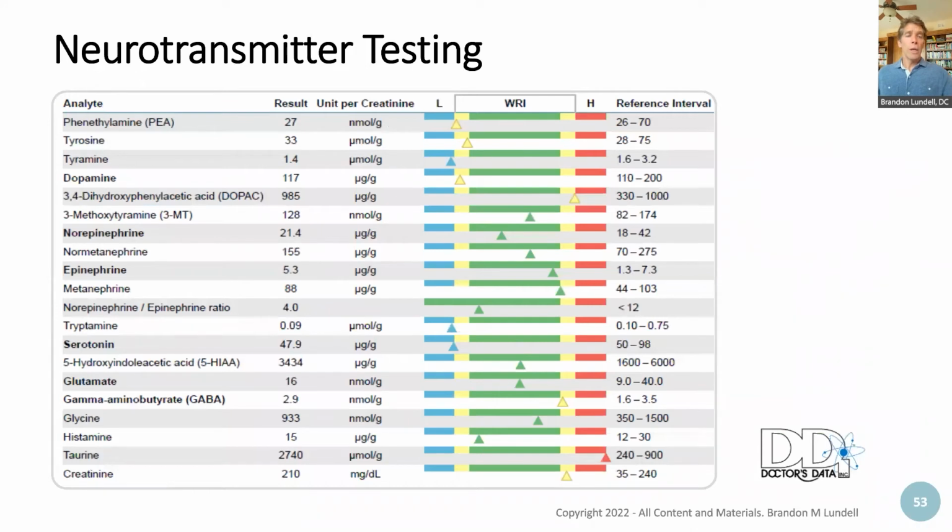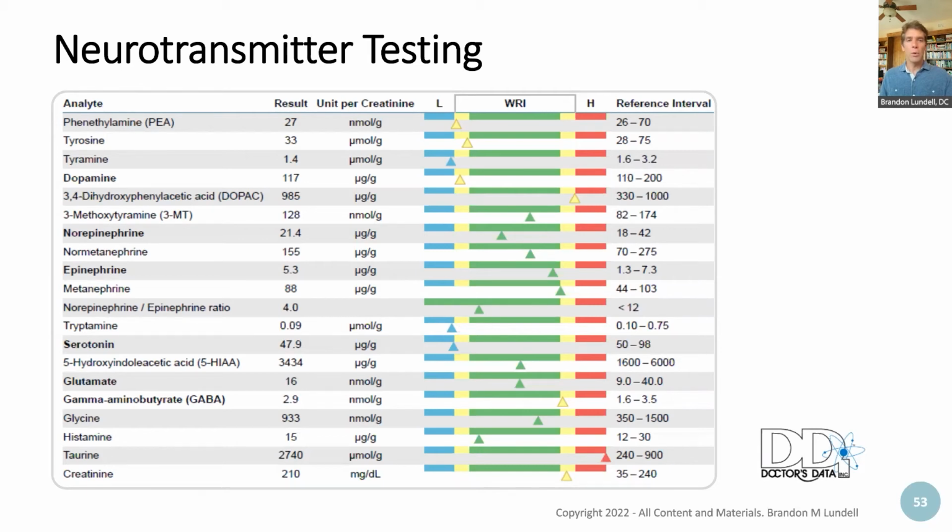So I do neurotransmitter testing as well, especially with brain fog, lack of motivation, fatigue. The hormonal neuroendocrine axis is really, really important to assess. And we can see a lot of his excitatory neurotransmitters, PEA and tyrosine and tyramine, those are really low.